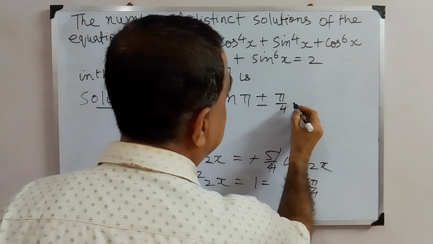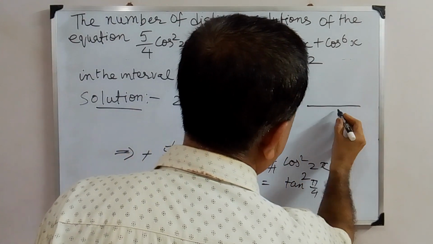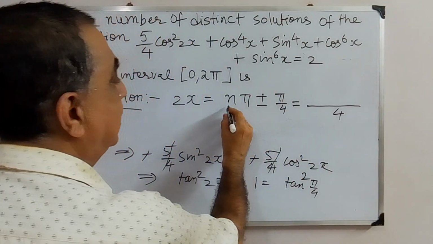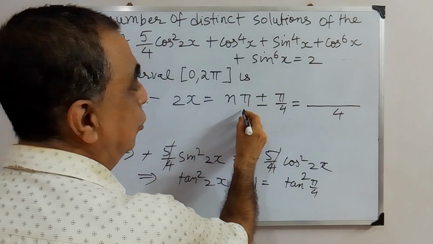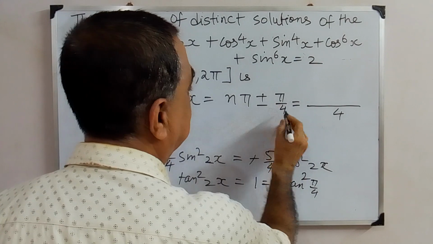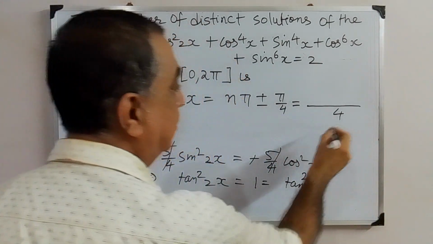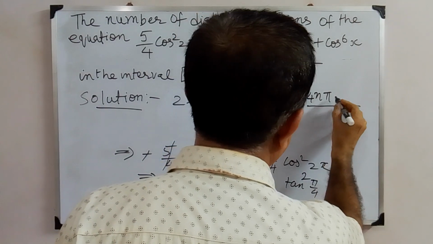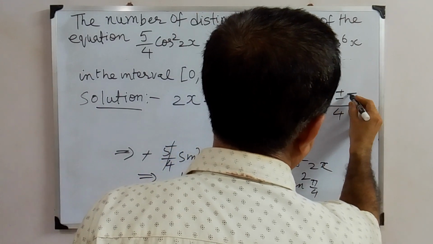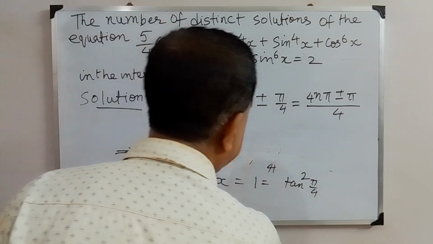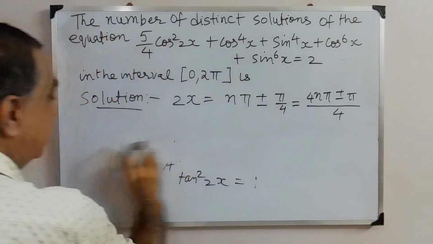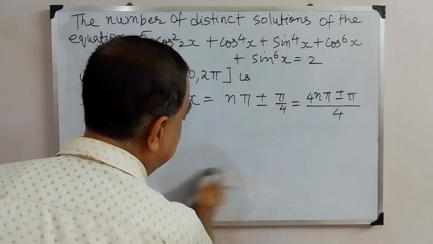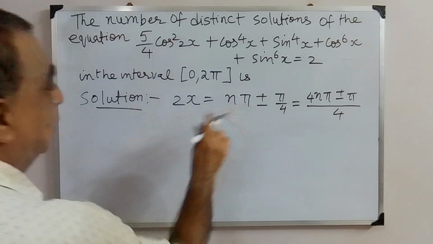Okay. So here we are simplifying it. I am taking the LCM of, here it is 1 denominator and here it is 4 denominator. So 1 and 4 denominator LCM is 4. So this will become 4n pi plus minus pi. So this is the 2x value.